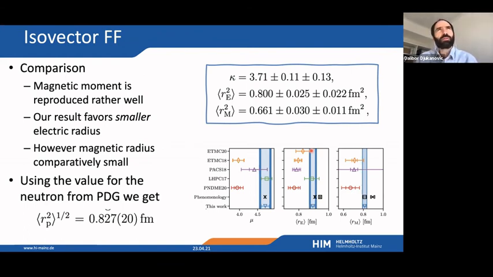I'm not so sure if there's something for the radii, but the problem here is that this is a derived quantity, so you have to do this derivative for the radii. So I'm not so sure if this is really comparable from one lattice group to the other. Okay, but of course this is very helpful for non-lattice specialists to assess the quality. Yeah, absolutely. It's really hard to tell who's doing what.